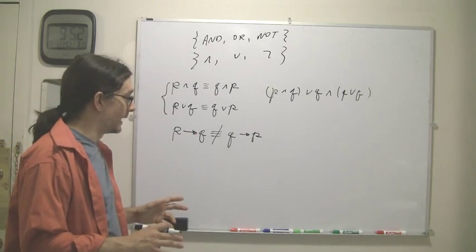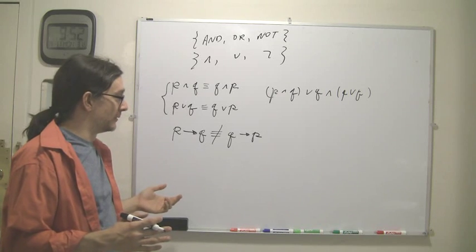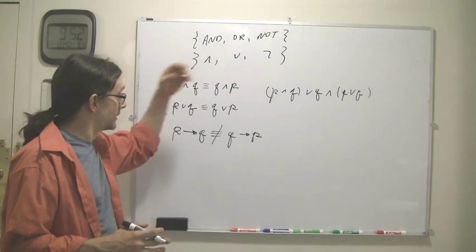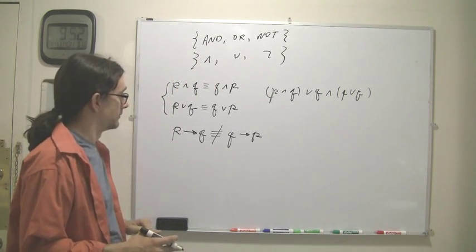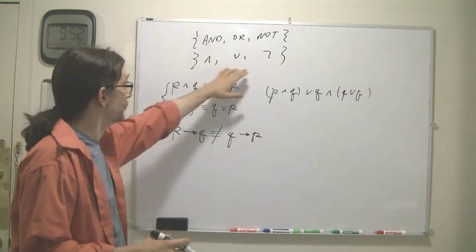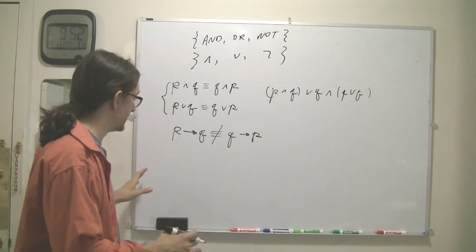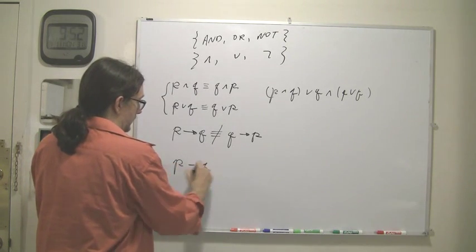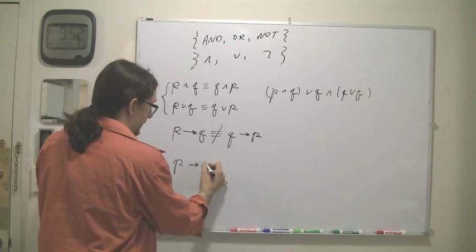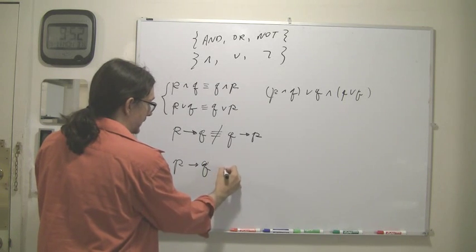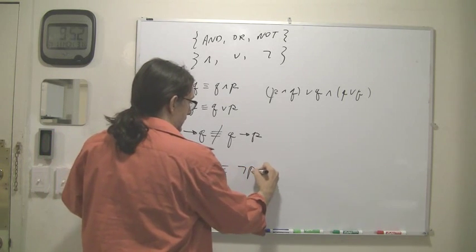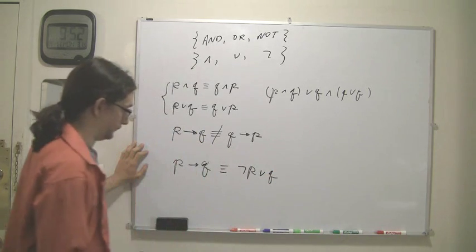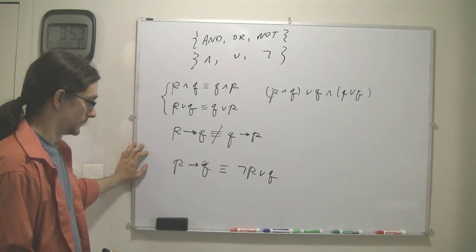You can't write every Boolean function using ands and ors. In particular, you can't write implication. You can write implication if you use the not, and we already did it, right? And it's very simple. P implies Q, one way to write it would be simply not P or Q, right?